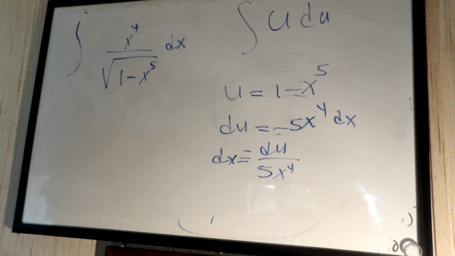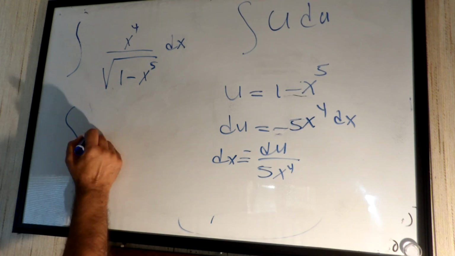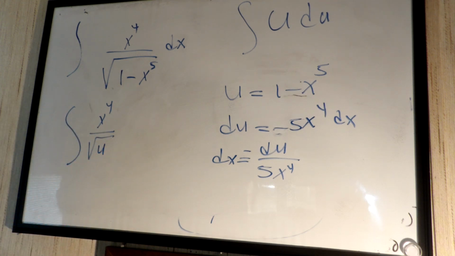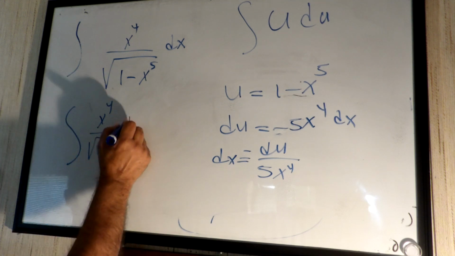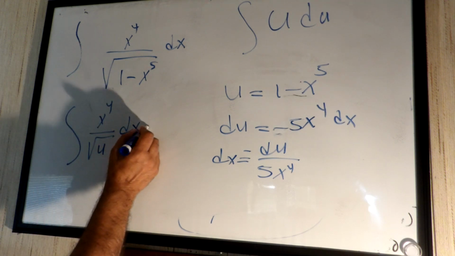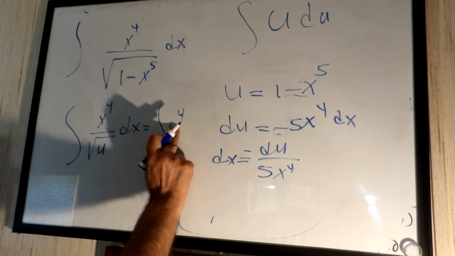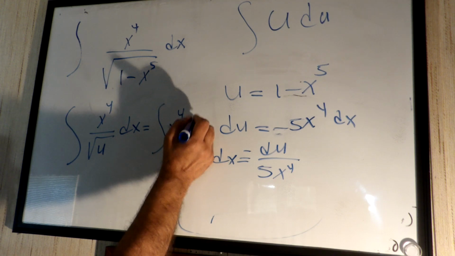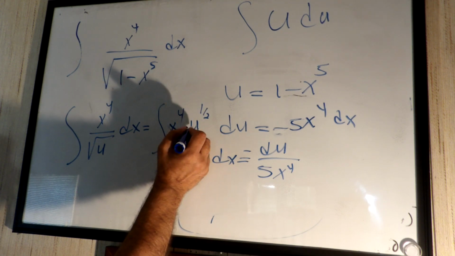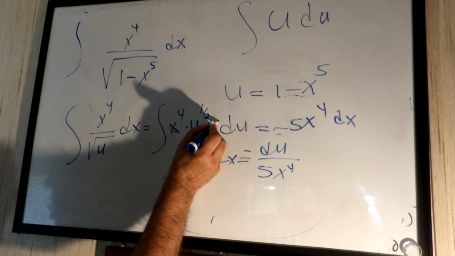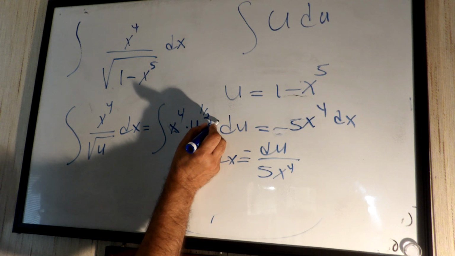So it is going to be x^4 times the square root of u dx, and then you can write this as x^4 times u to the power of 1 over 2 du.